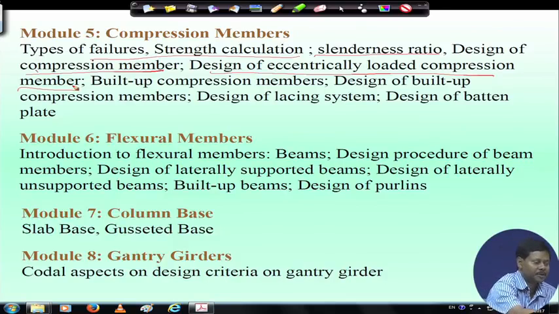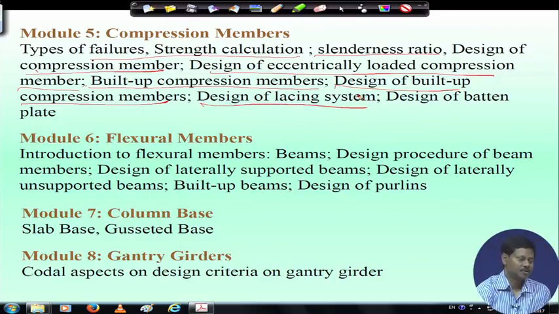Then built-up compression members: sometimes the rolled steel section is not sufficient to withstand a huge amount of load, so in that case we will go for built-up compression members, and that design procedure will also be discussed. Then for built-up compression members we need to add the lacing system, so design of lacing system and design of batten plates will also be discussed in this module.